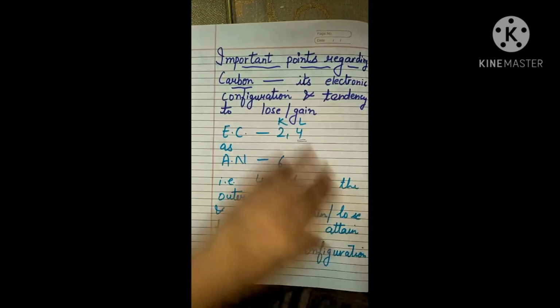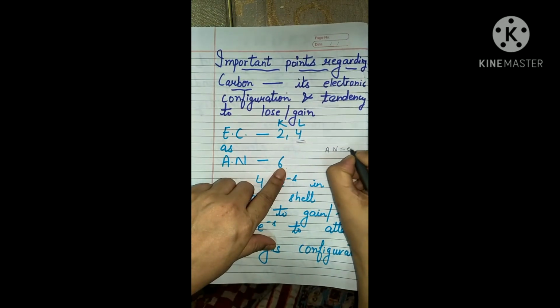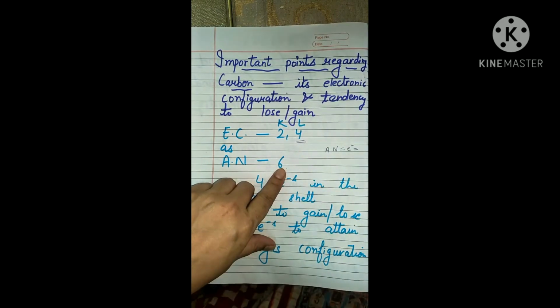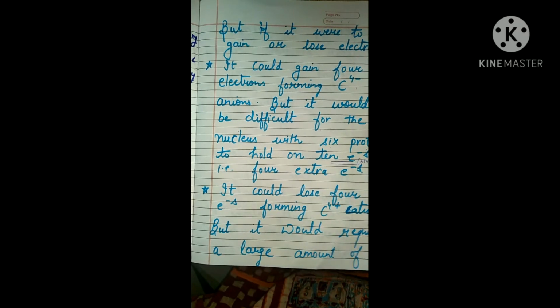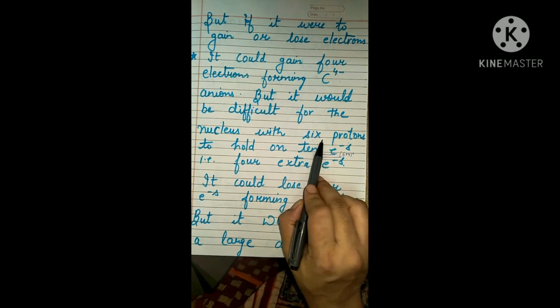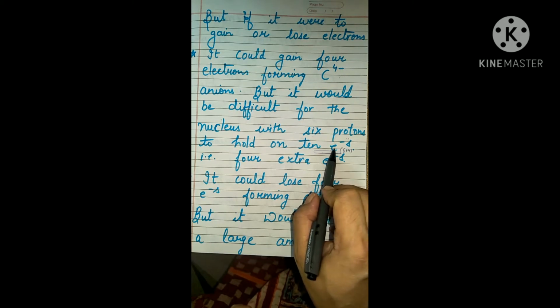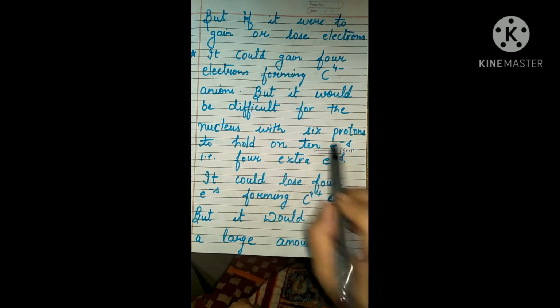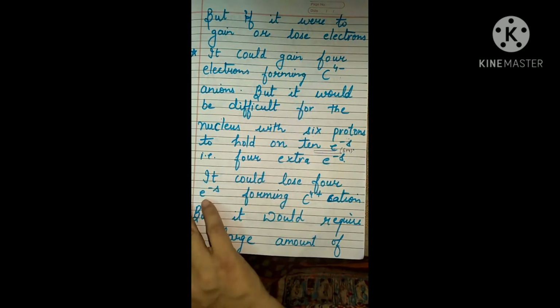Just try to understand this concept. We know the atomic number is equal to either the number of electrons present in the extranuclear part or the number of protons present inside the nucleus. So it will become difficult for 6 protons to hold on to 10 electrons, the 6 of carbon and the 4 which have been gained. That is why it is not going to gain electrons.